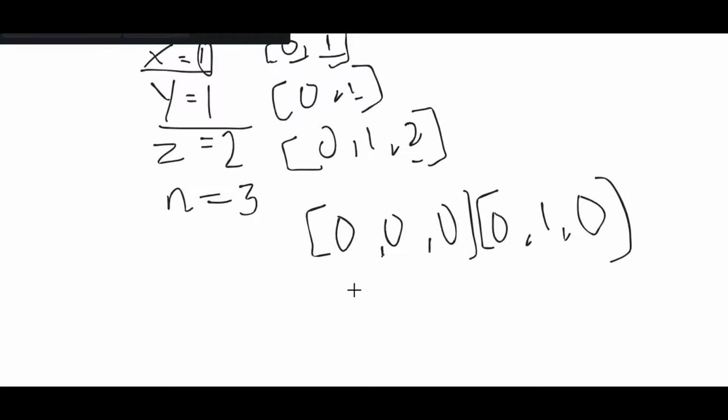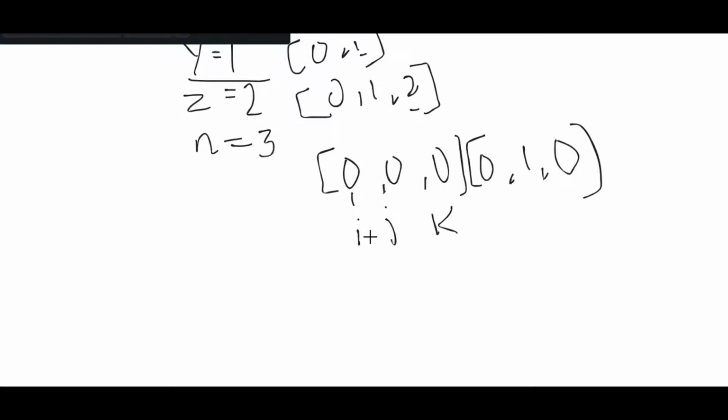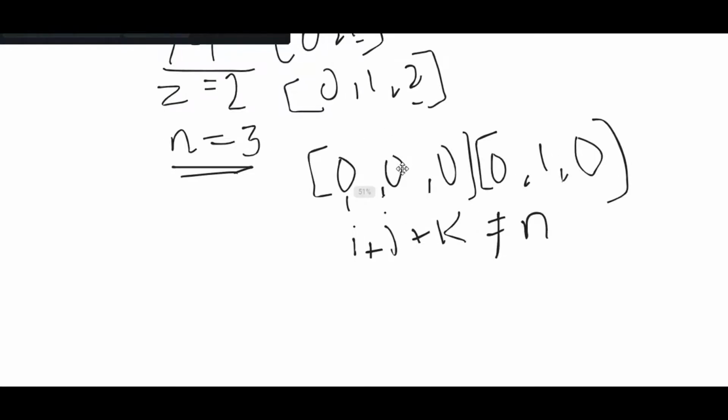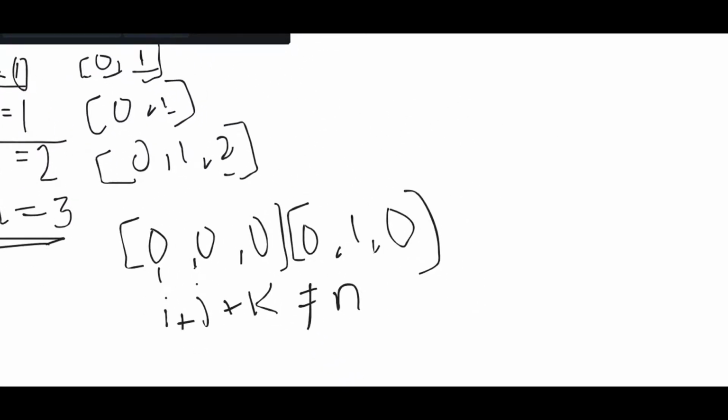The only condition is that this is the i position, j position, and this is the k position. What we want is that the addition should not be equal to n, and also we can make all possible outcomes from these numbers.